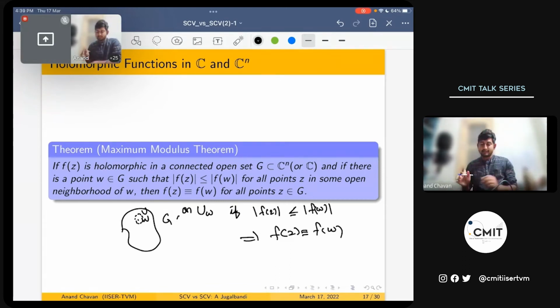In other words, they state that the maximum of the function will never lie inside the set. If it lies inside the set, it means that it's basically a constant function. So that's the maximum modulus principle, or the theorem, sometimes it's called.